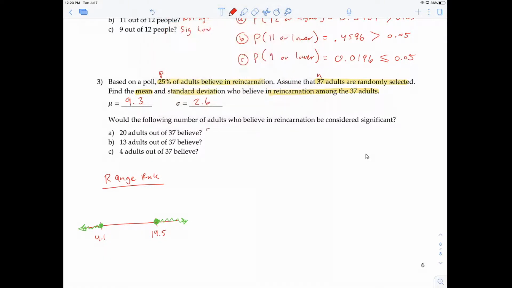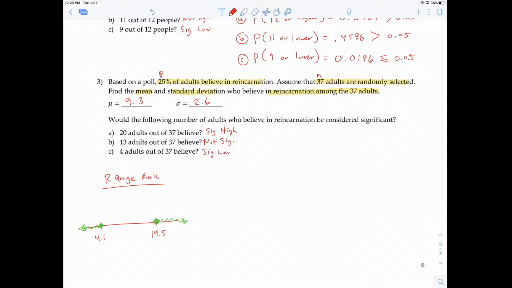So 20 is significantly high according to the range rule of thumb. 13 is somewhere in here, so that is not significant. And 4 is a little bit to the left of 4.1, so that's in the significantly low region. So that's what we have there.